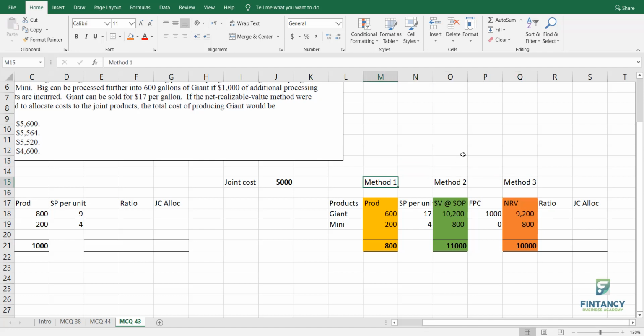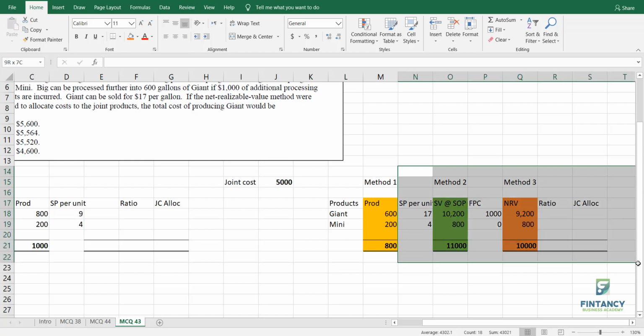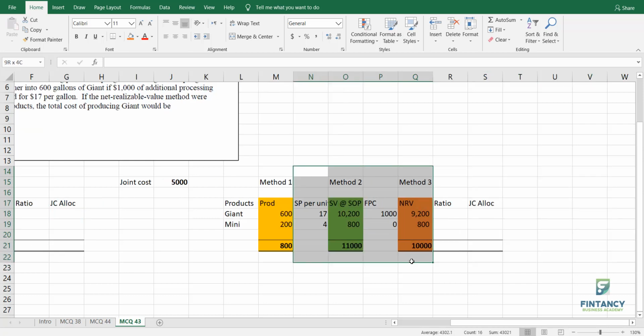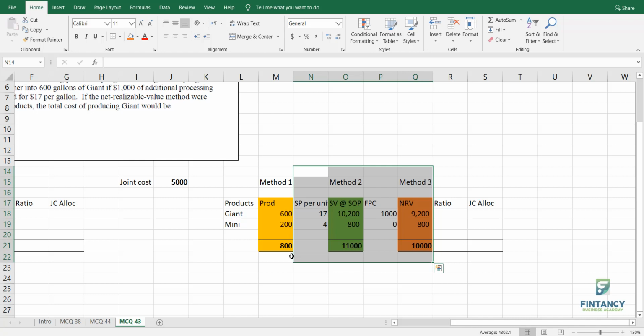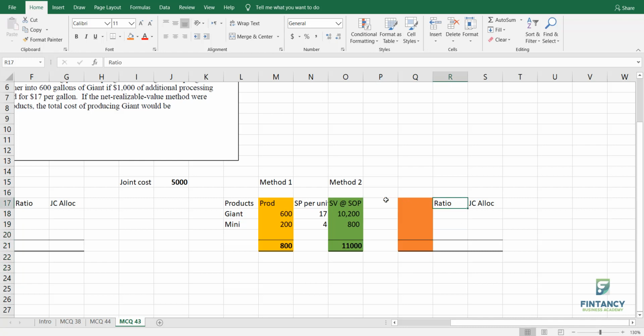If you are using method 1, you will not write all these things here, and you will just write directly this ratio here, because I need the ratio based on this data, right? If you are using method number 2, you will not write these things, and you will write this ratio here, because I am using sales value at split off.